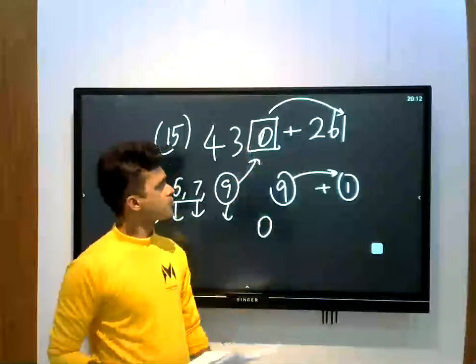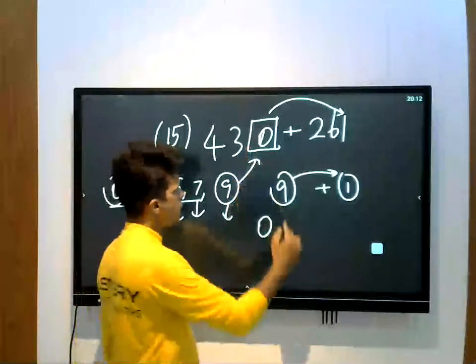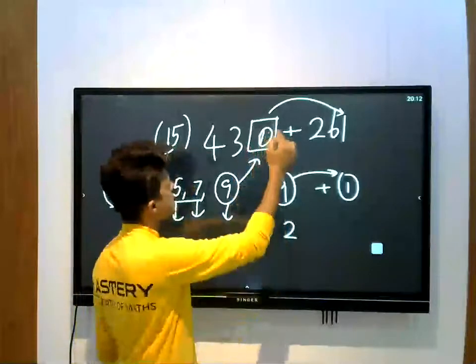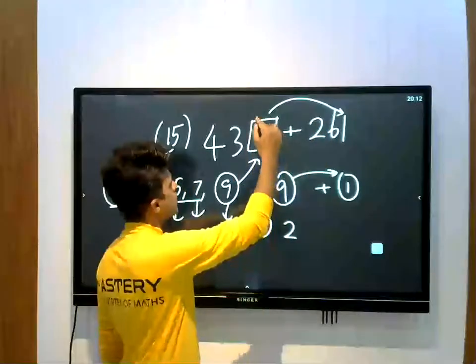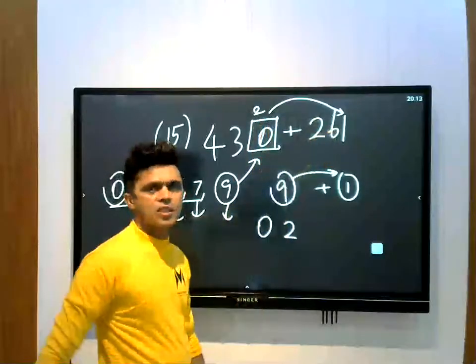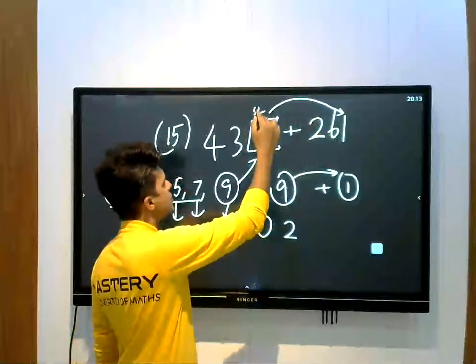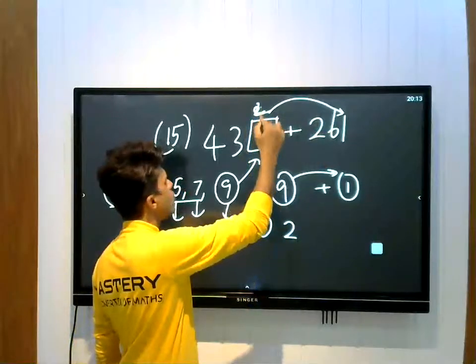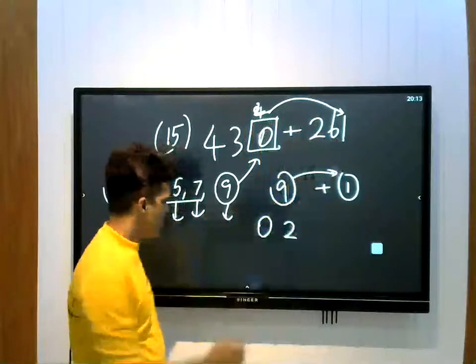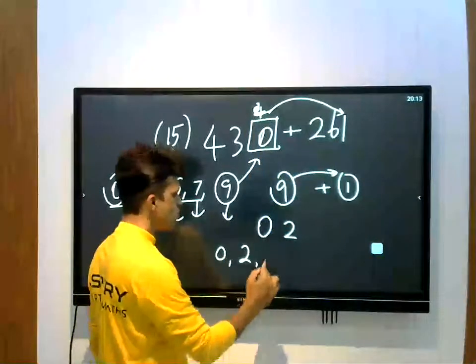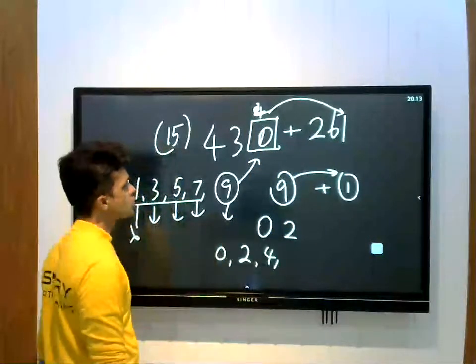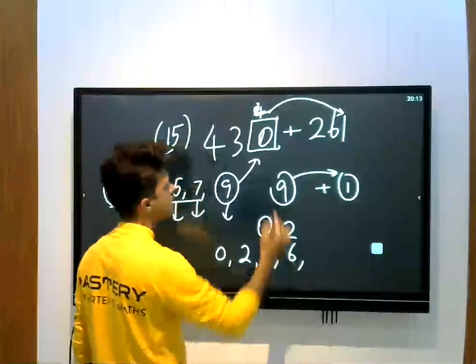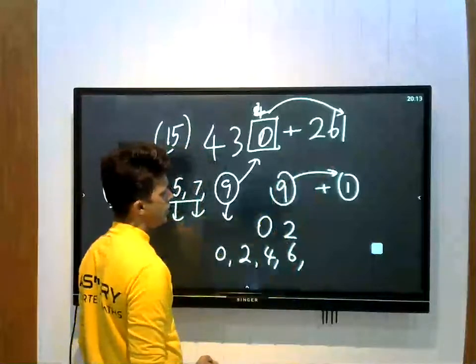So 0. Are we able to write 2 here? Then 2 plus 1 is 3. Then 4 plus 1, 5. 6 plus 1 is 7.